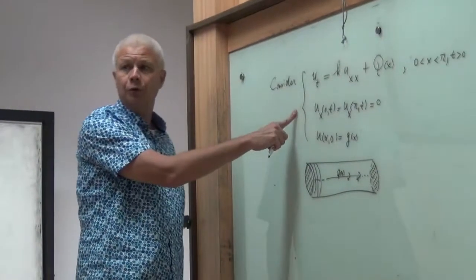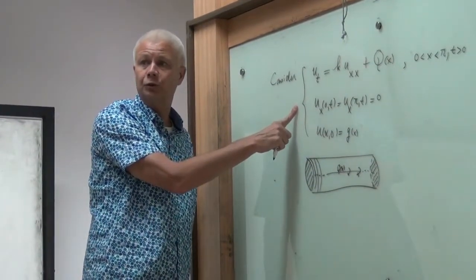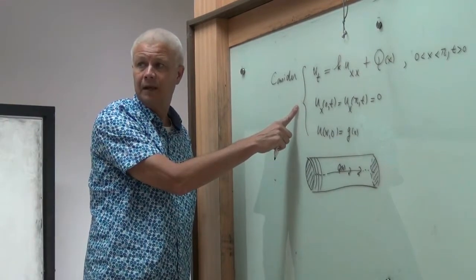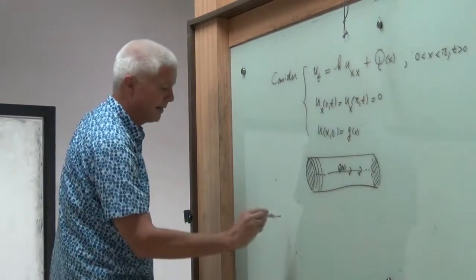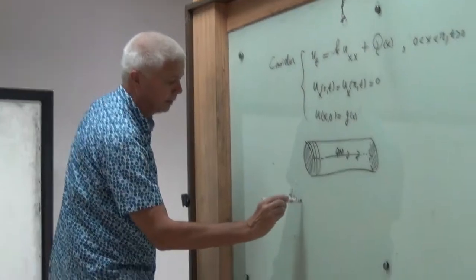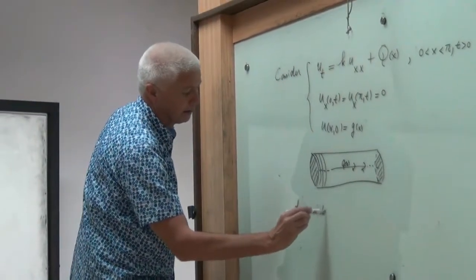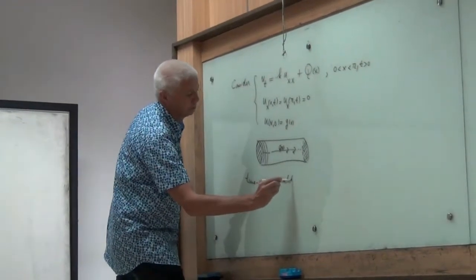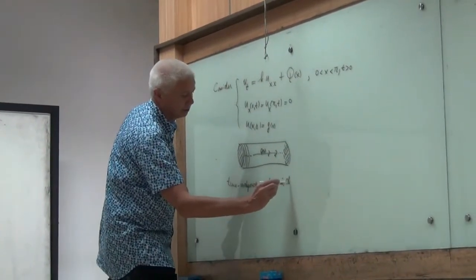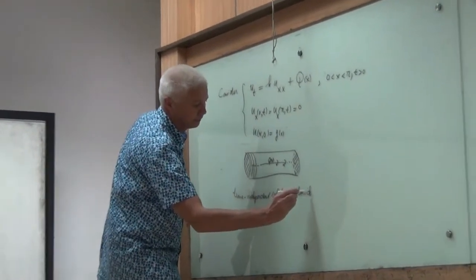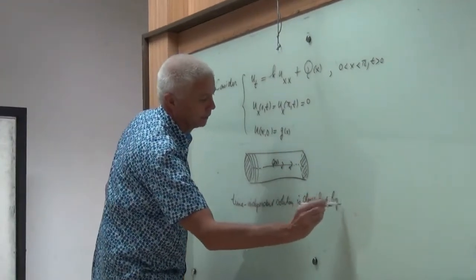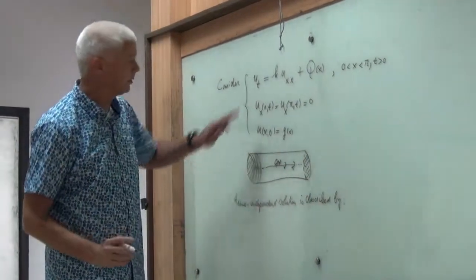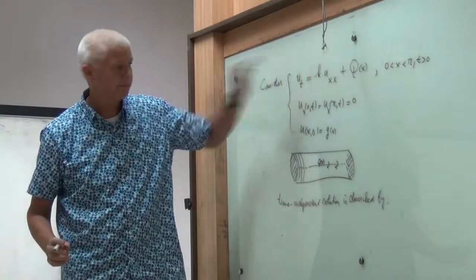Now I'm going to look at a time-independent solution, a stationary solution of this problem. A time-independent solution is described by the following equation. There's no time dependence, so the u_t derivative is not there.